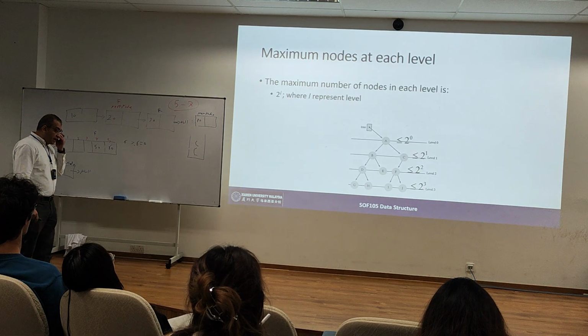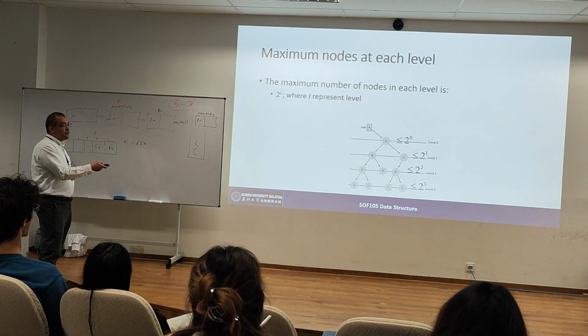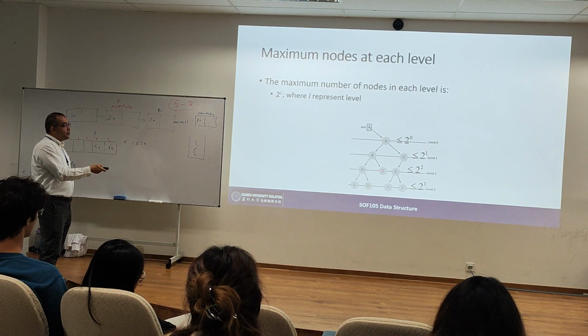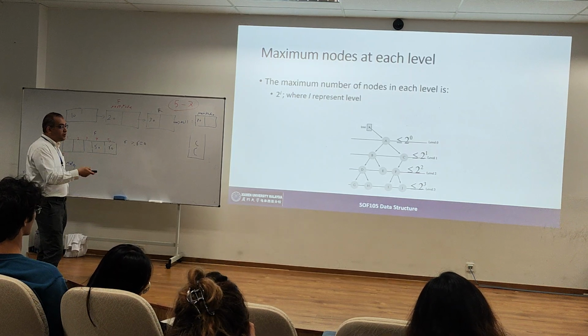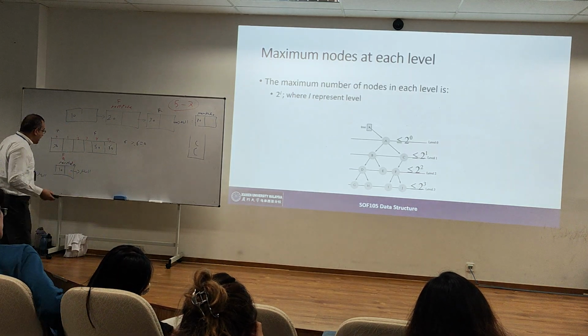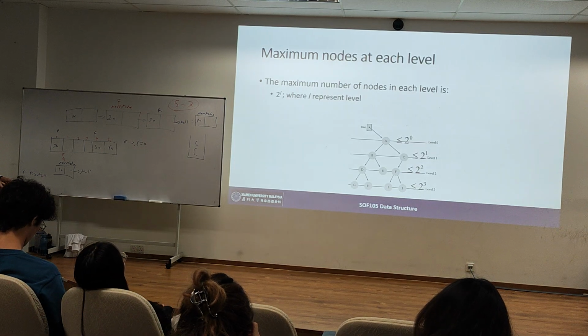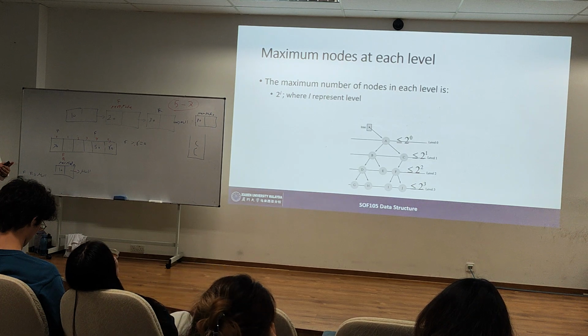So, this one you already answered me, correct? At level 0, what is the maximum number of nodes? 1. Level 1, what is the maximum number of nodes? 2. Level 2? 4. Okay, 4. So now, let's say I have 6 items I want to insert.